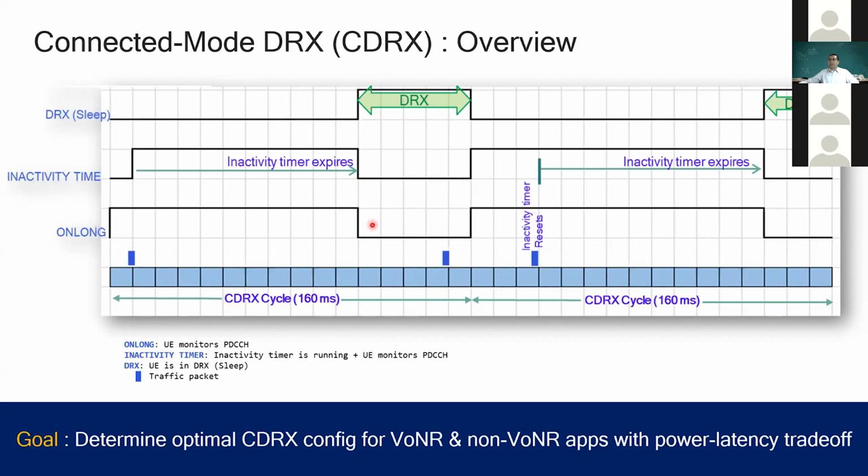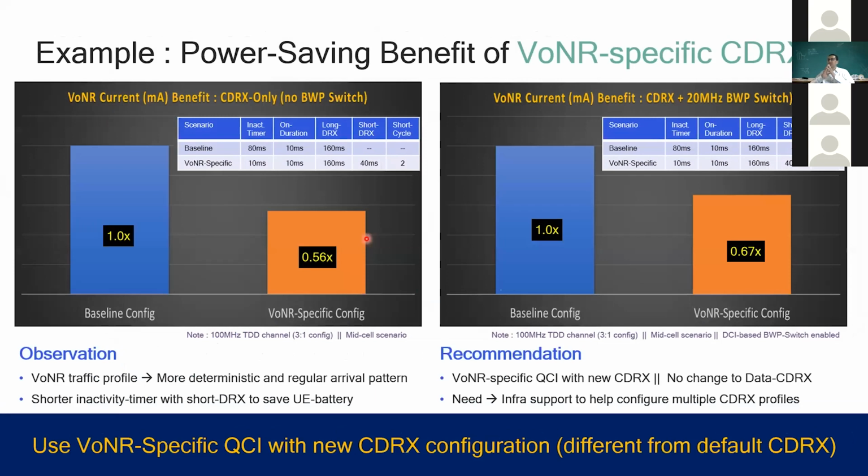The benefit is that during that period, the UE does not have to monitor PDCCH and burn battery. This has been in existence since LTE days and even before, and it is a very important tool to optimize device battery power on 5G NR as well. Now let us look in the next slide at how much the benefit is.